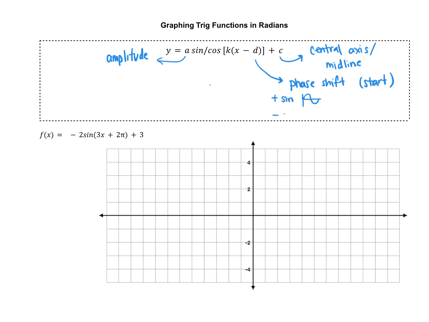If our sine has a negative in front, that means that it has been reflected over the x-axis, which means we're still starting on our midline, but instead of going up to our maximum, we're going to go to our minimum and then continue our wave.